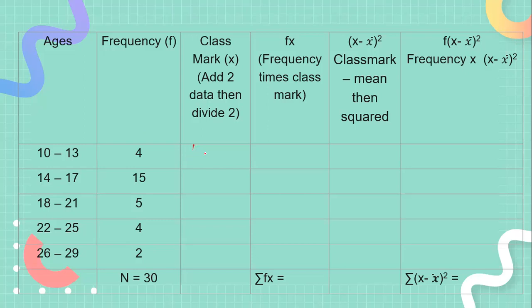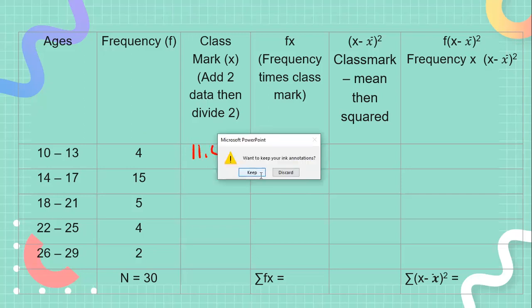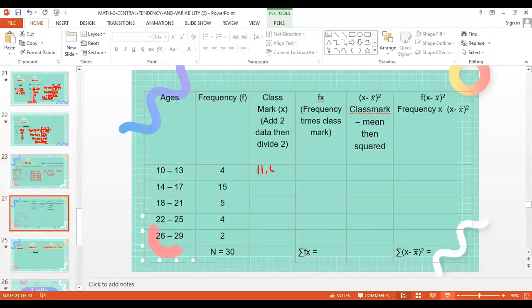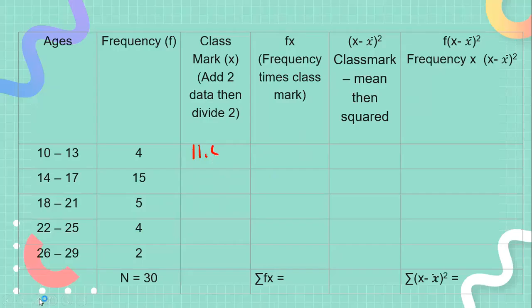Very good. It's 11.5. Then here is 15.5, then 19.5, then 23.5, 27.5.